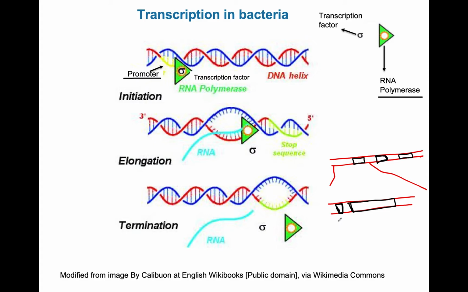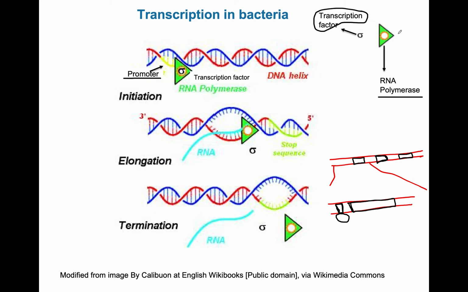But it doesn't recruit RNA polymerase directly. It actually recruits proteins called transcription factors. Now in bacteria, the transcription factor is called the sigma factor. In eukaryotic cells, there are different names which I'm not going into, but the point is this promoter recruits a transcription factor, which then recruits the RNA polymerase.